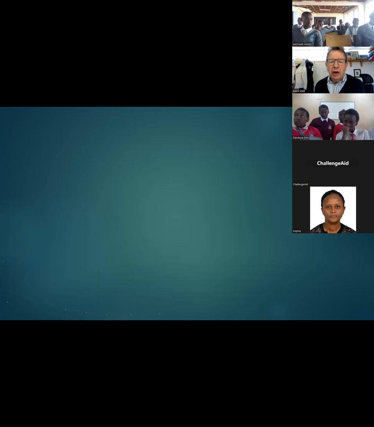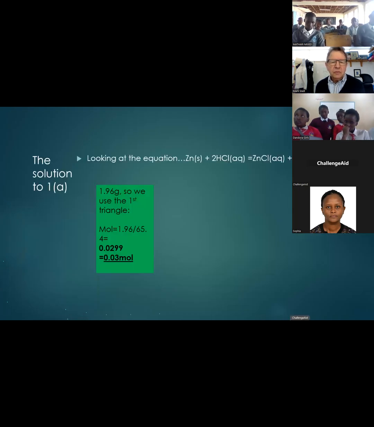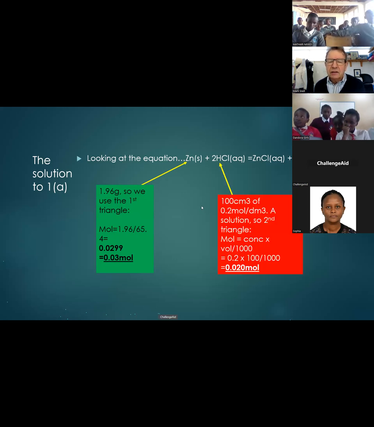So let me just show you how it works very briefly. So we look at the equation. We had 1.96 grams of zinc, and so we use the first triangle, 1.96 divided by 65. That's about 0.03 moles. For the hydrochloric acid, we have 100 cubic centimeters of 0.2.